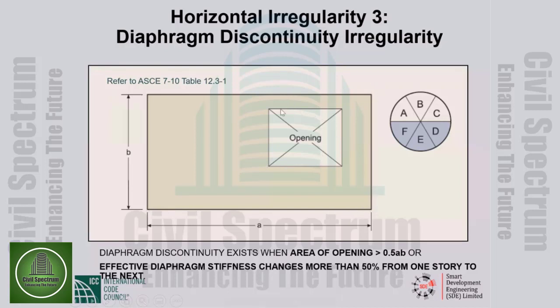So if the opening area is more than 50% of the area of the diaphragm, or effective diaphragm stiffness changes more than 50% from one story to the next. Either case, you have a diaphragm discontinuity irregularity. The first one is pretty clear and unambiguous. The second one has been somewhat problematic over the years because this effective diaphragm stiffness is not defined.